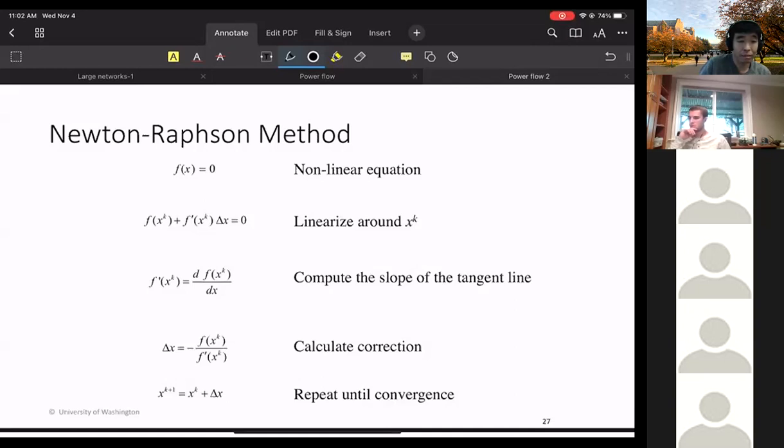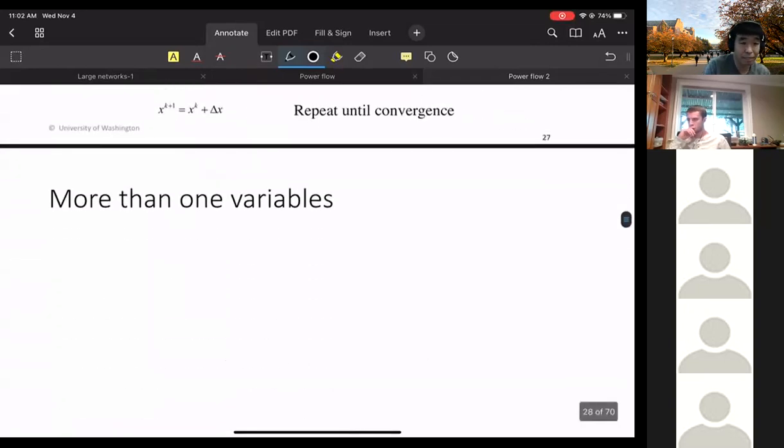When we go to more than one variable, things don't change very much. It's basically the same procedure. We don't have the idea of a derivative anymore; this goes to the partial derivatives.